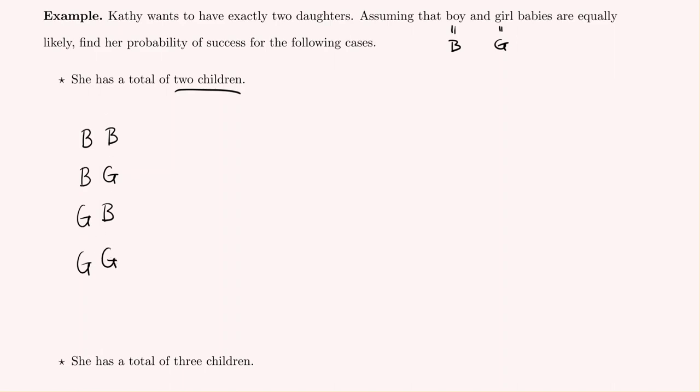So there are 4 possible outcomes, so our total is 4. If we're looking for exactly 2 daughters, there's only 1 outcome where that occurs, so that would be a 1 in 4 probability.